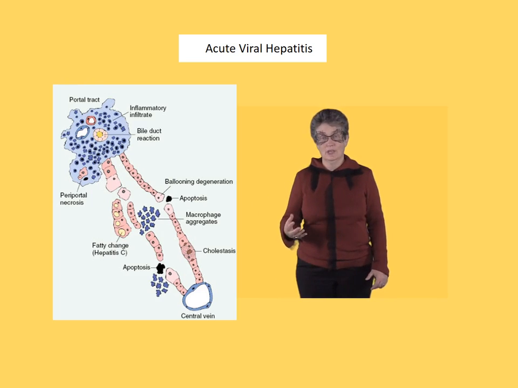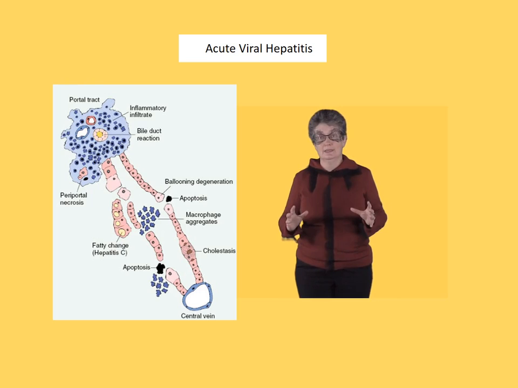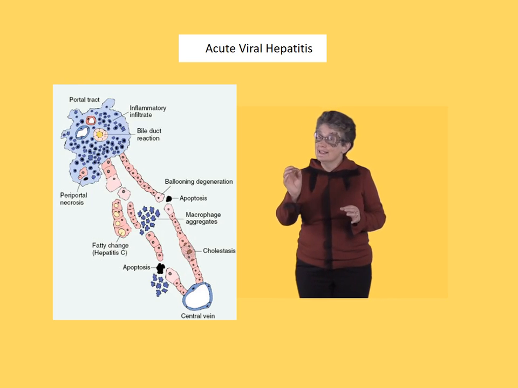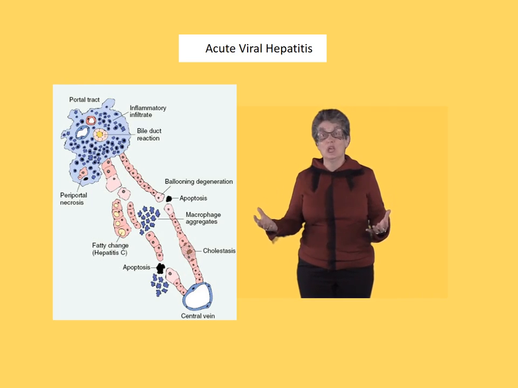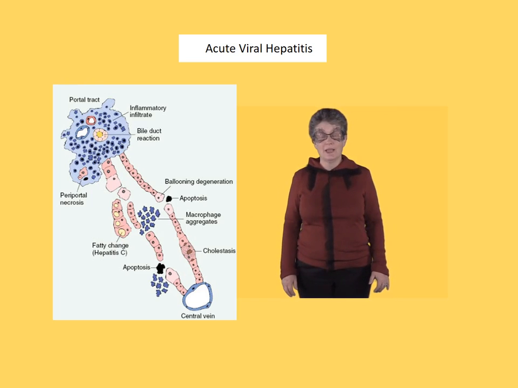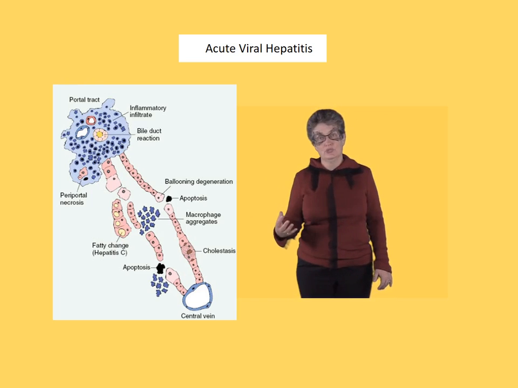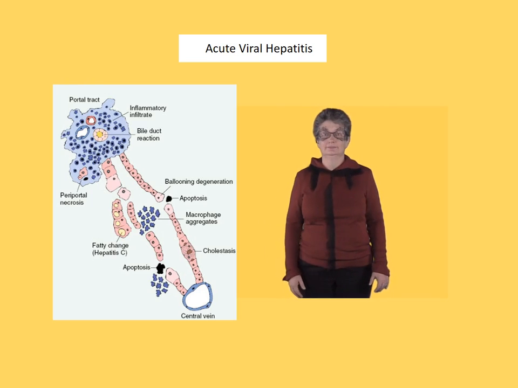In addition, all this swelling and dying in inflammatory cells can cause bile stasis, either in the little canaliculi that run between the cords of liver cells, or actually within the cells themselves. So, acute viral hepatitis is often associated with jaundice due to cholestasis.